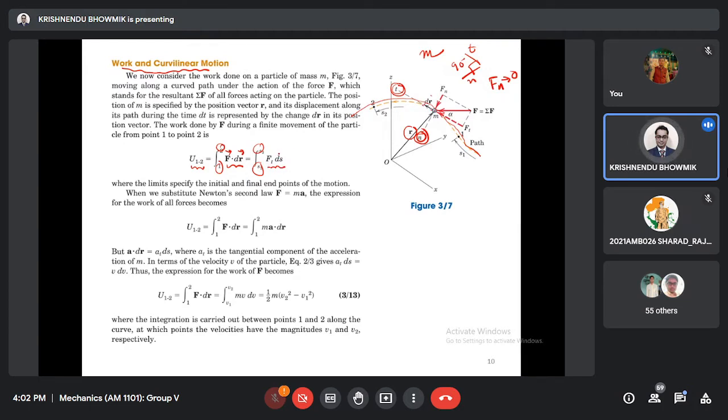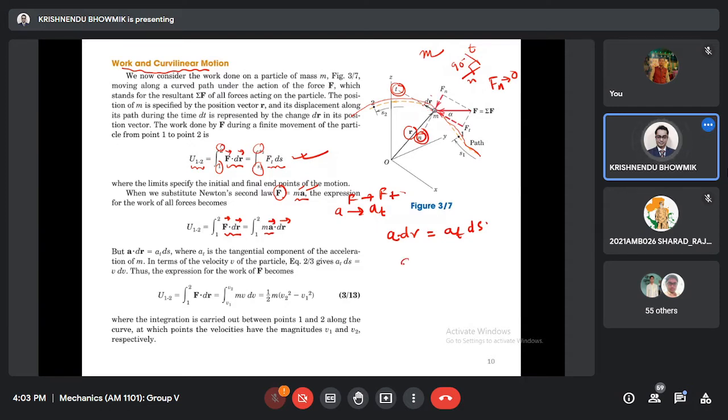Now if I replace F equal to ma, force equal to mass multiplied by acceleration, and this force is basically Ft, then I can replace F with ma dot dr. A dot dr is nothing but At ds, where At is the tangential acceleration.